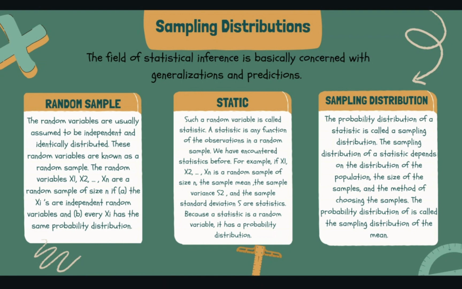And last is sampling distribution. The probability distribution of a statistic is called a sampling distribution. The sampling distribution of a statistic depends on the distribution of the population, the size of the sample, and the method of choosing the samples. The probability distribution of x bar is called the sampling distribution of the mean. Next slide, please.